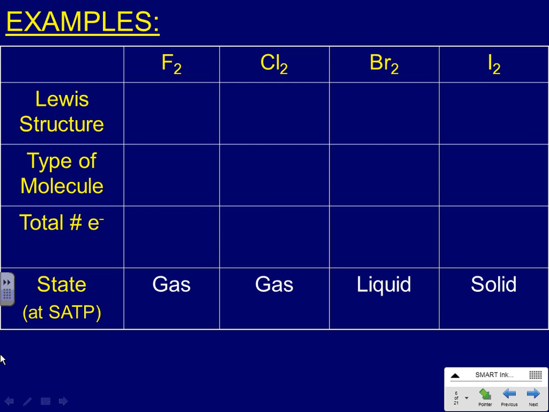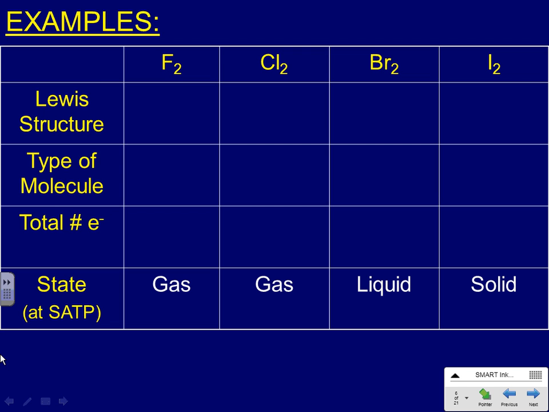But again, I'm going to systematize it for you. When you analyze to determine whether it's going to have strong London forces or weak London forces, follow the steps that I'm giving you here. When I ask you about something like comparing boiling or how it melts, draw a Lewis diagram so that you can start by seeing whether it's polar or not and how many electrons it has.